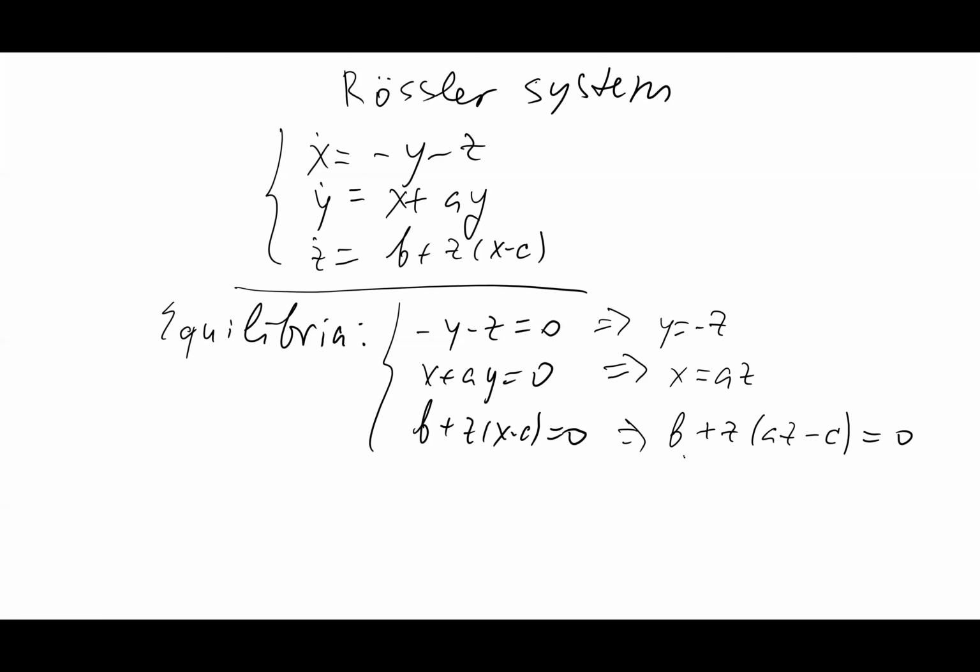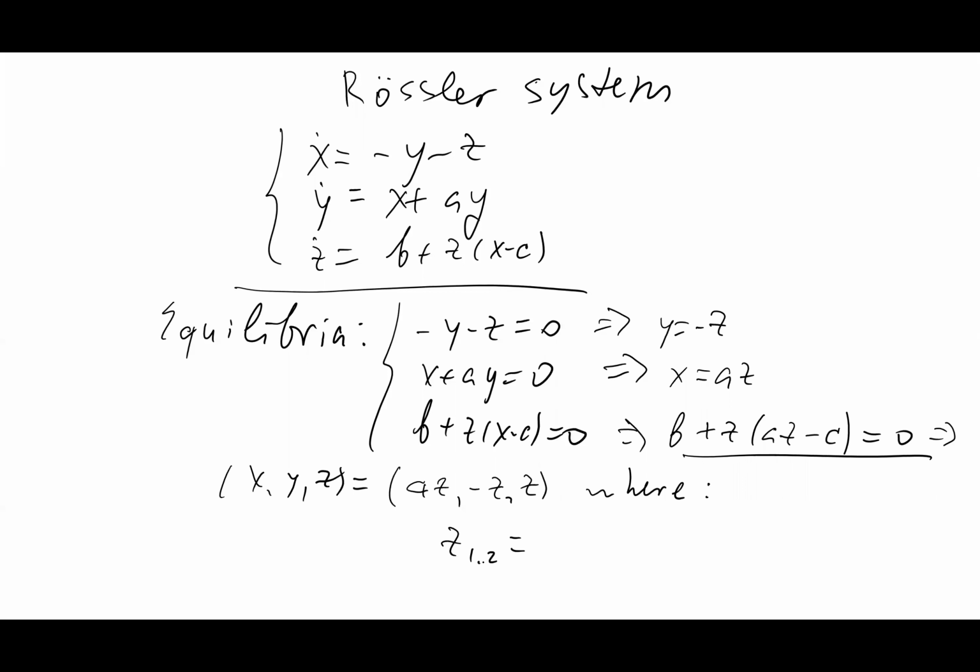So this is a quadratic equation. From here we can find z, and from the others we will find x, y, z equal to a z, minus z, z, where z's are the roots of this equation.